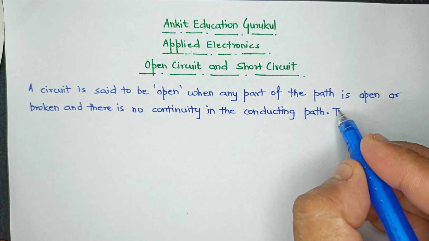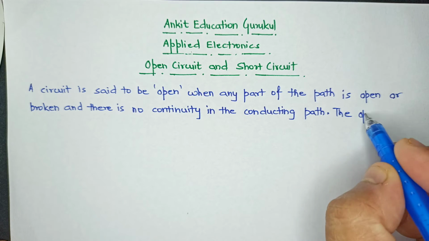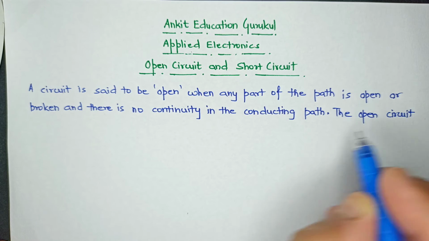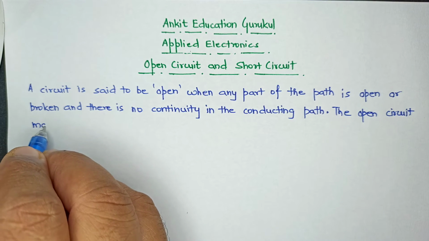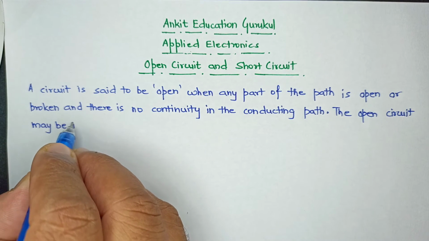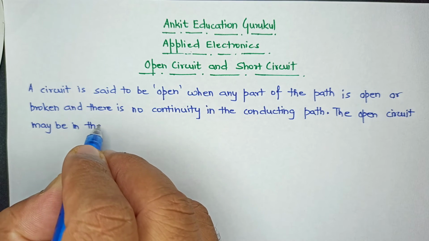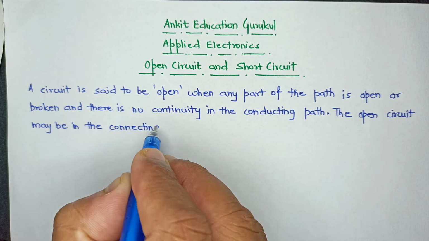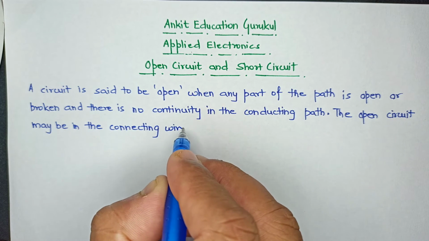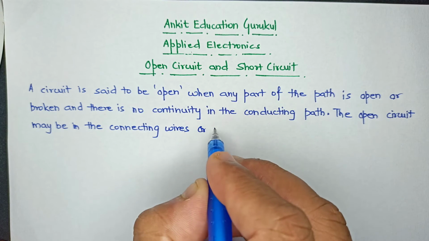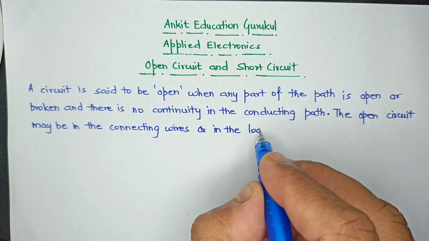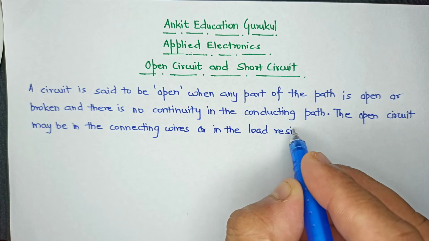Now what happens is that the open circuit may be in the connecting wires or in the load resistance.